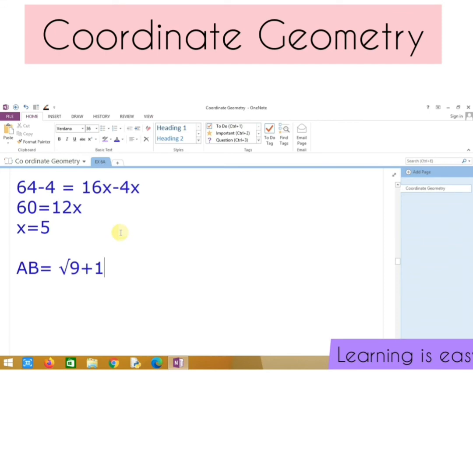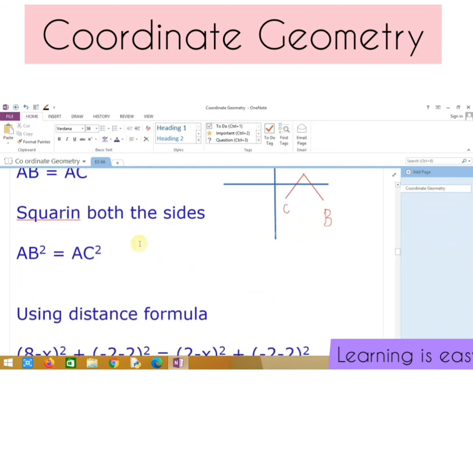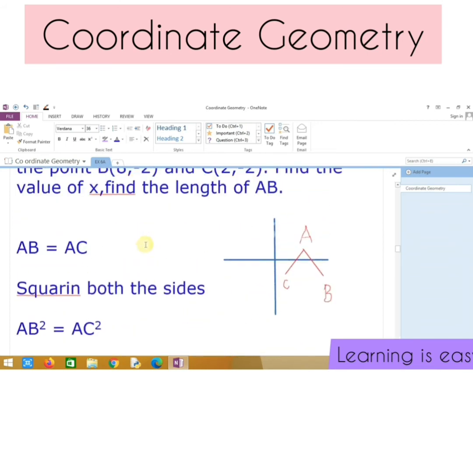So the square root of 25 is 5 units. So second part of the question, length of AB is 5 units. X is also 5, length is also 5 units.